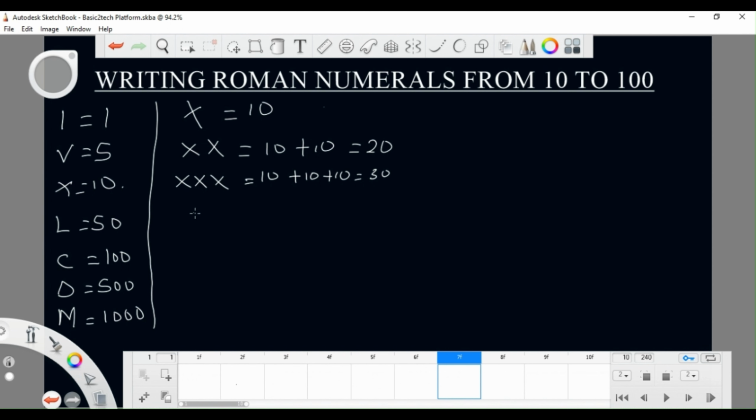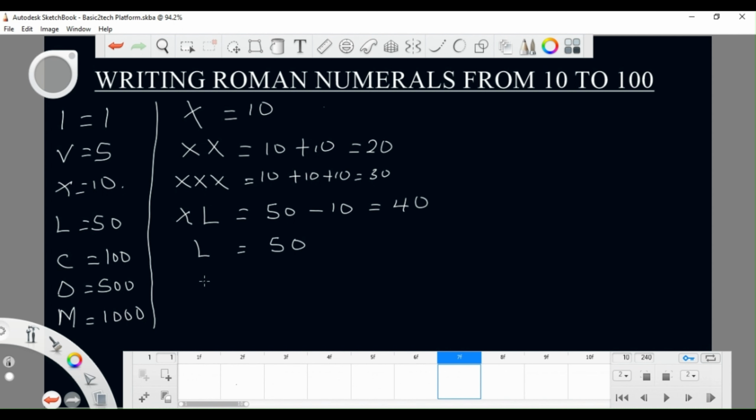So to subtract 10 from 50, we write X first because X is a smaller value. Then we write L. That means that XL means 50 minus 10. So we subtract the small value from the large value. That gives us what? 40. To get 50, L is 50, so my L is 50.